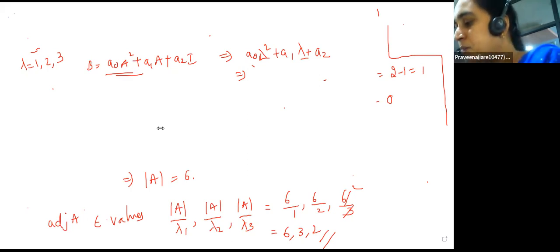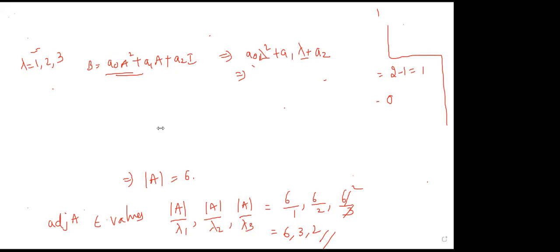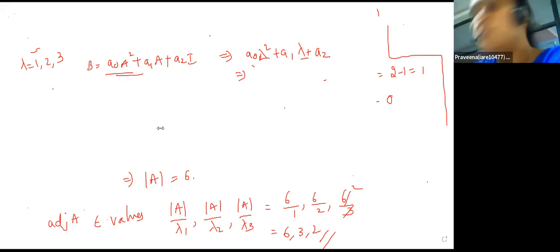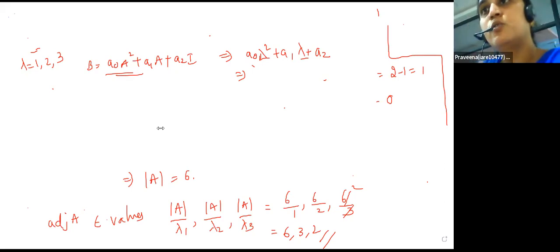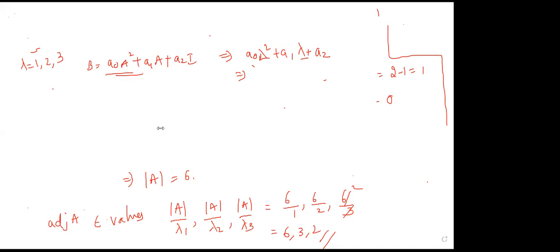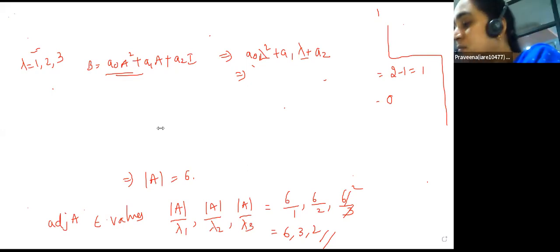P3 present, ma'am. P5, P6 present. P7, P8, P9 absent. Q0, Q1, Q2, Q3, Q4, Q5, Q6 absent. Q7 present, ma'am. Q8, Q9.